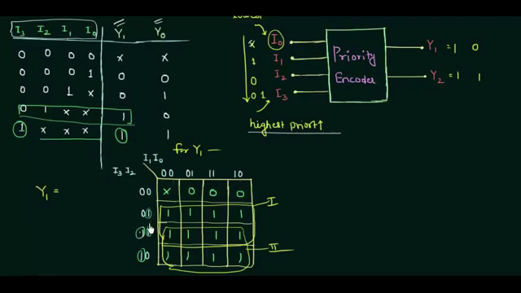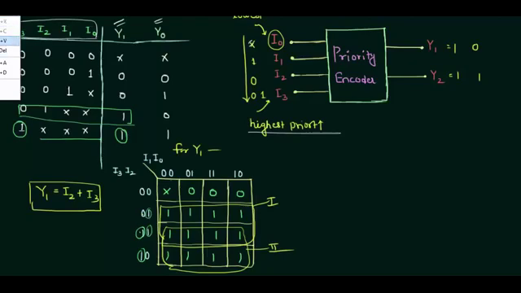The only thing that's not changing is I2. So I will write I2 for the first group. For the second group in the same way I3 is not changing, it's 1, whereas all three I2, I1 and I0 are changing from 0 to 1. So I will write I3. So this is our first function, Y1, we have just found out.